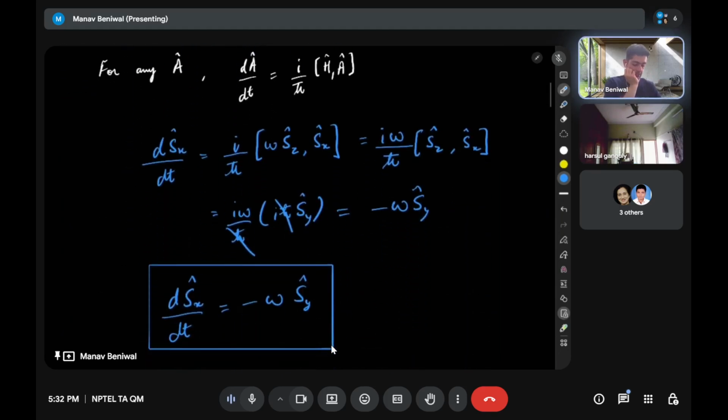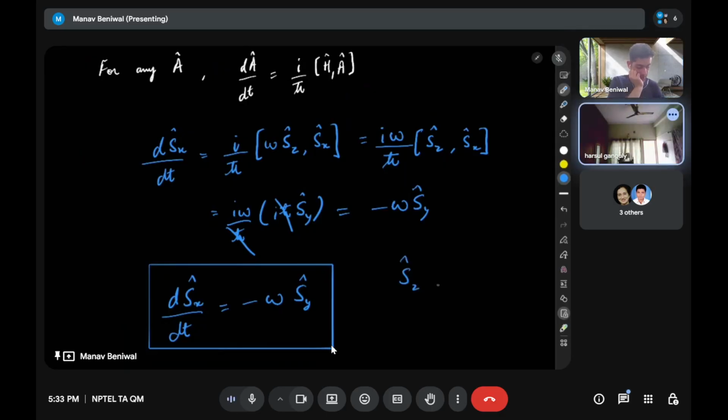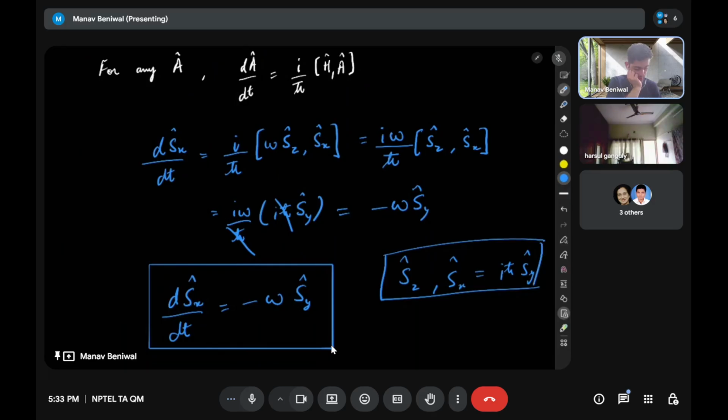This cyclic relation, SZ comma SX will equal to iota h cut SY. Are you talking about this? Yes. Okay, we can do that if you want.